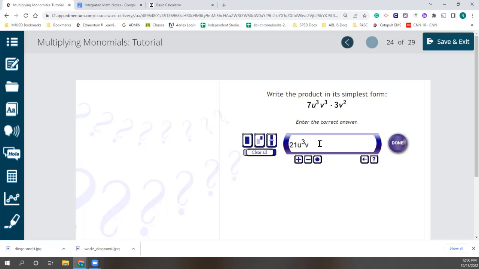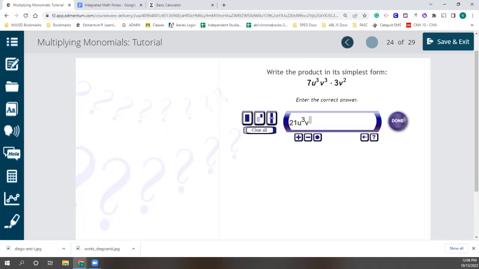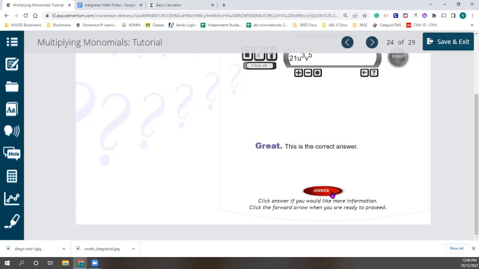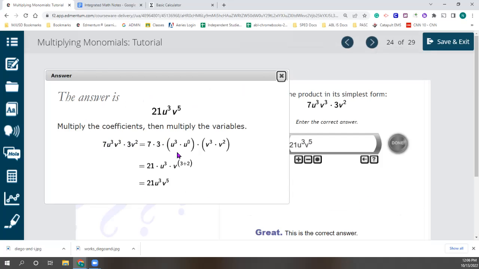V to the exponent 5. I don't know what happened to my exponent there. Okay, try again. The answer is correct. This shows how I walked through that process.